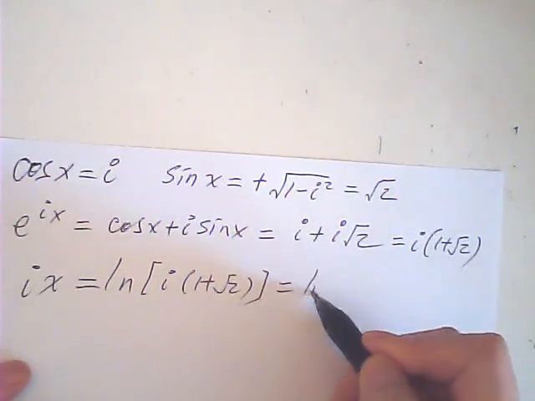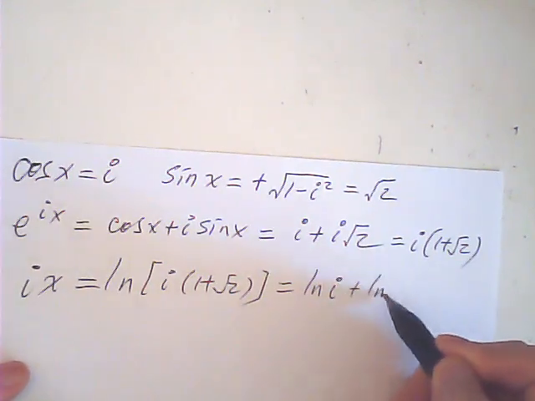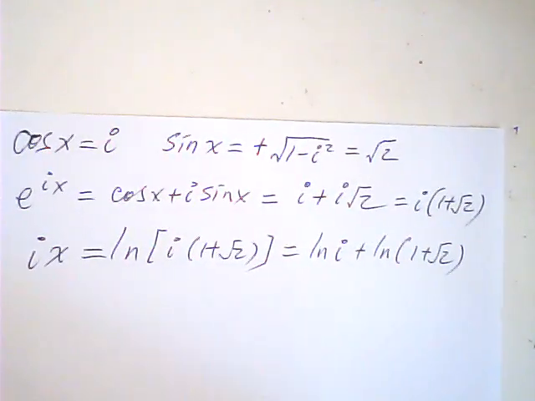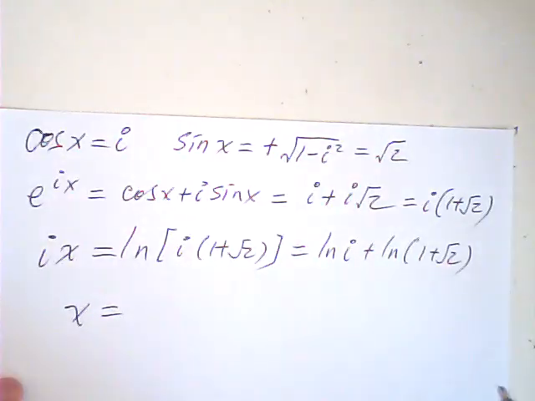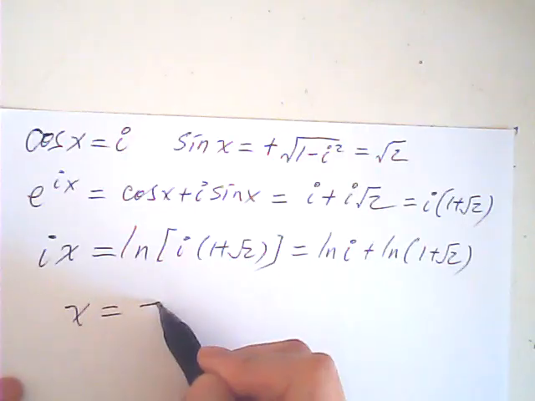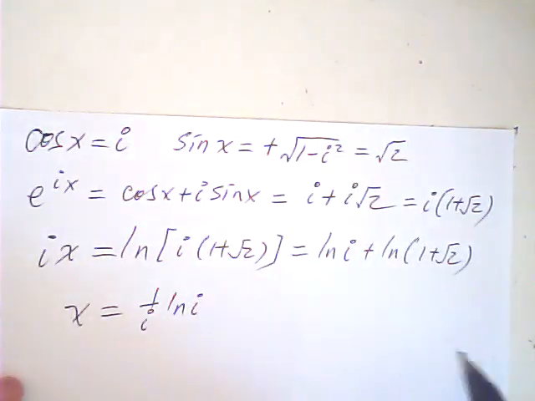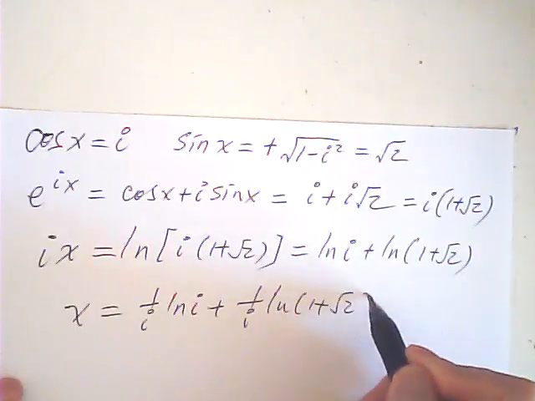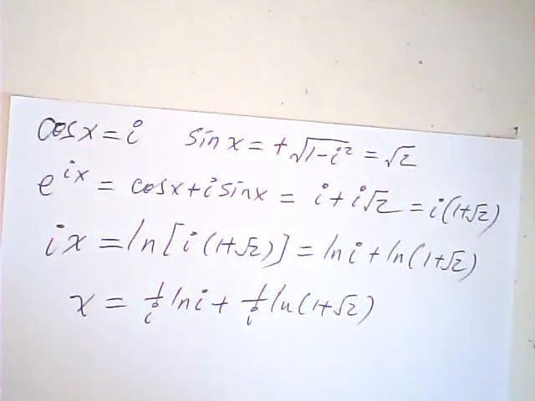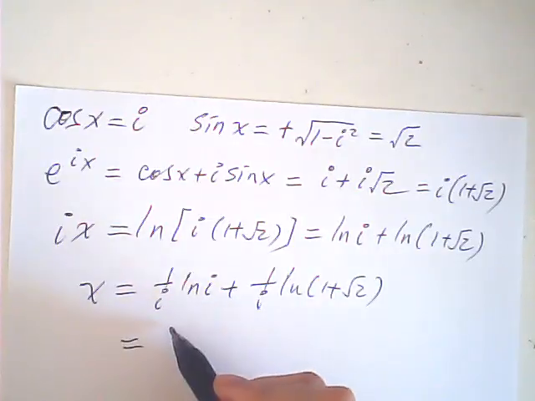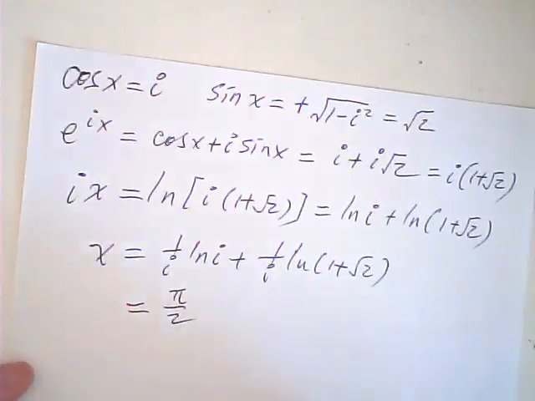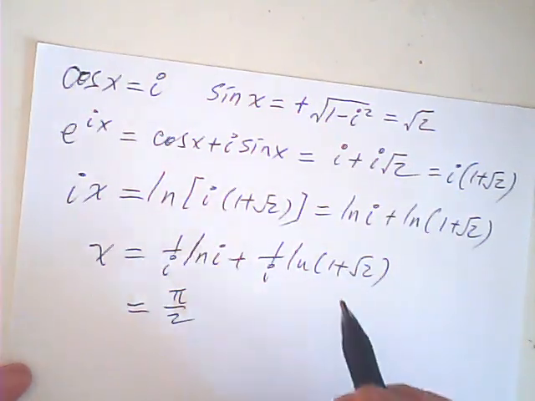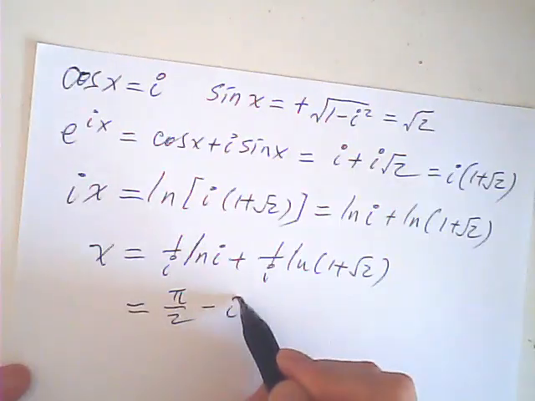So this one equals log i plus log of 1 minus root 2. Then x is equal to 1 over i log i plus 1 over i log of 1 minus root 2. Yeah, this one is equal to half π, right? Because this is e to the half π i, and this one equals negative i.